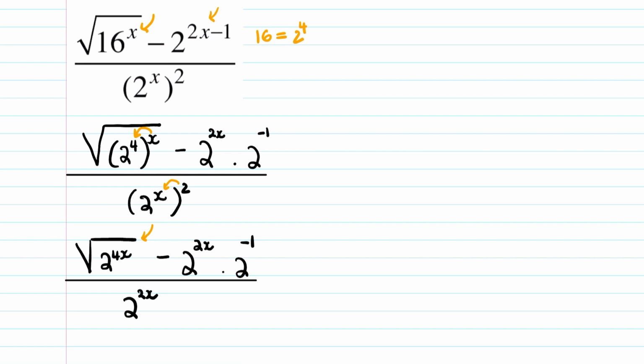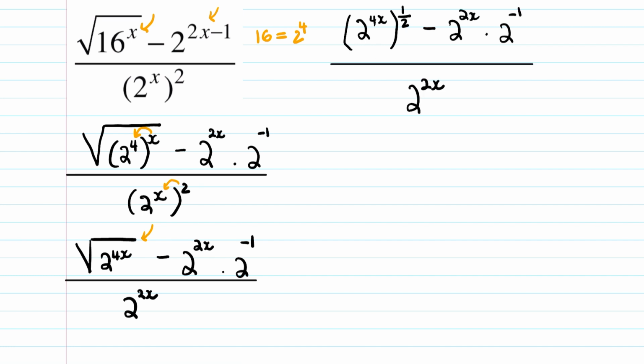So let's do that now. I'm going to say 2 to the power of 4x, all in a bracket to the power of 1, and then over 2, so that I can take away my square root. Then I'm going to just rewrite the rest of my sum, 2 to the power of 2x.